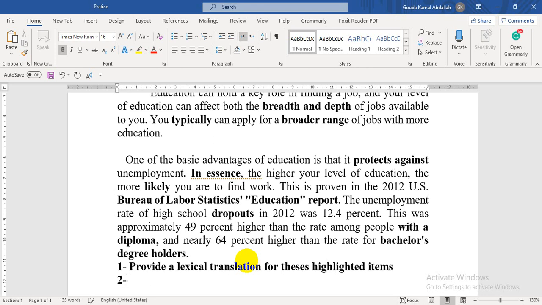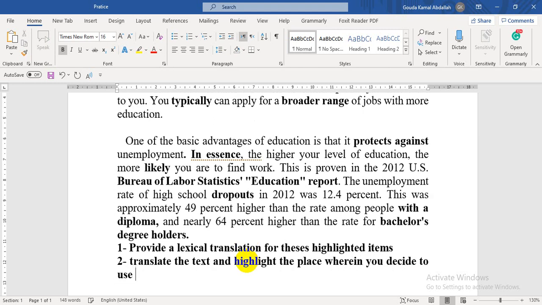And two, is to translate the text and highlight the places wherein you decide to use transposition.